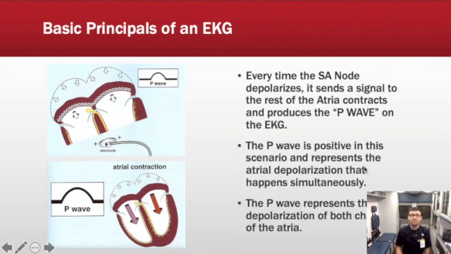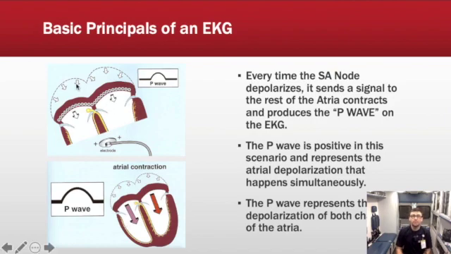Every time the SA node depolarizes, it's sending those signals down the heart, creating our first wave on the EKG, the P wave. The P wave is a positive wave, and it represents the atrial depolarization that happens simultaneously.